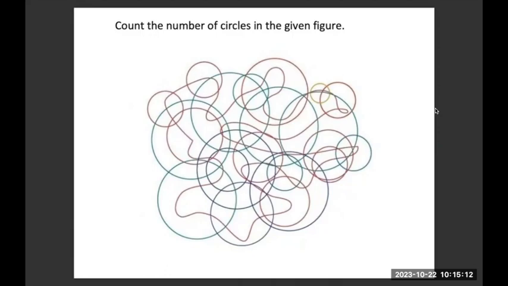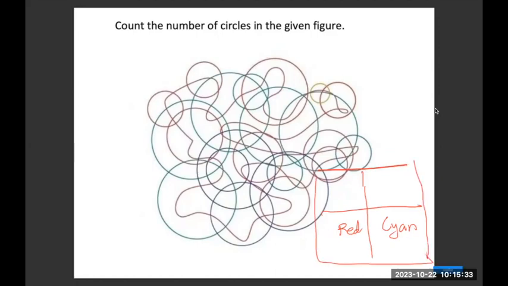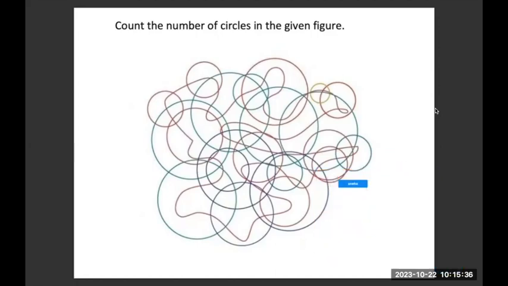Okay. So we'll just start by counting. So this is yellow, which is evidently only one.